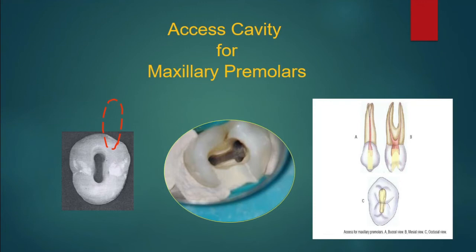In this case, the access cavity will turn from oval to triangle in shape, and the base of the triangle will be toward the buccal side. We can see this in the middle photo because in these cases the premolar will have two buccal canals and one palatal canal.